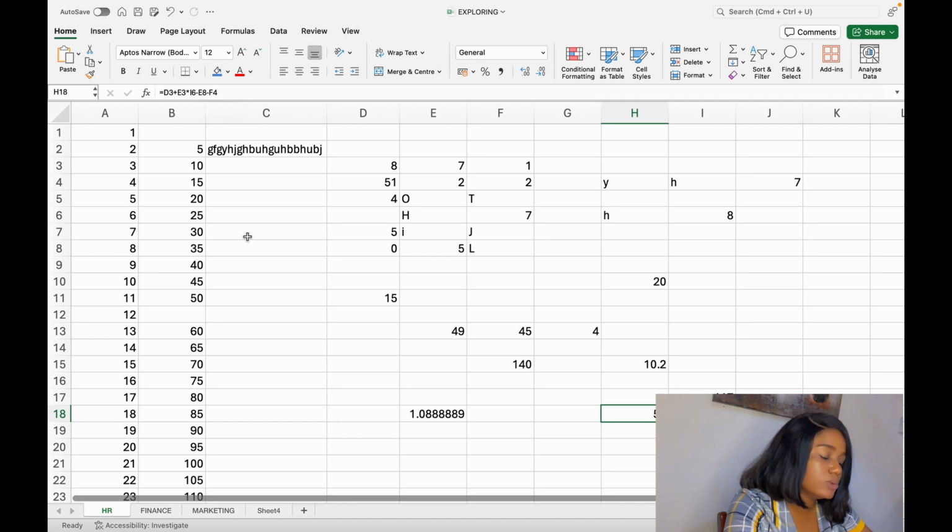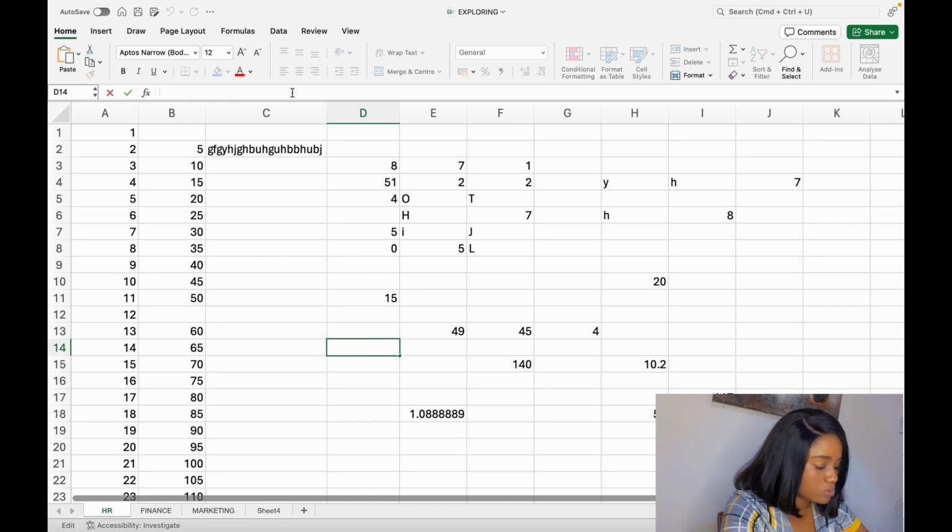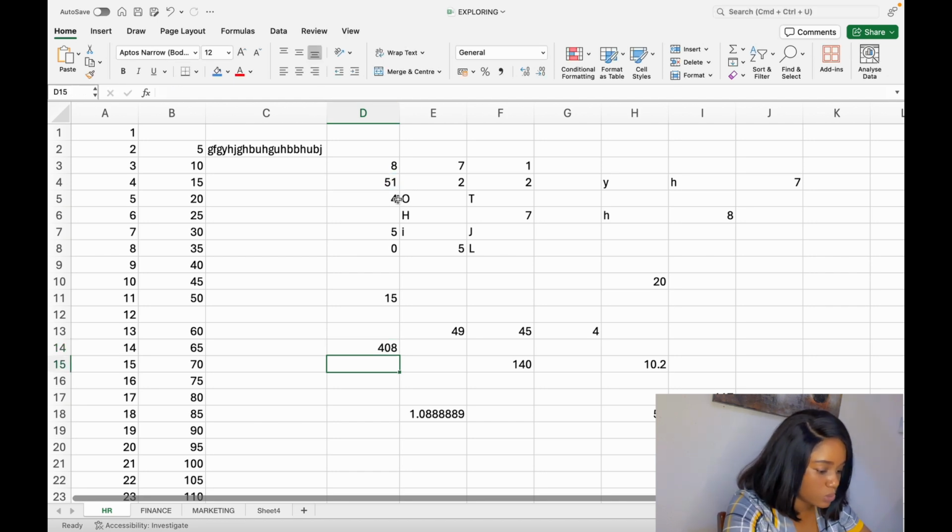So this is how we can apply formula to cells. Now there could be instances where you just have one cell and then you're applying a formula to it. So maybe I have cell D4. I just want to multiply it by 8. So I come to a new cell, make it active, put in my equal to sign, then take cell D4 and just say multiply it by 8. And then give me the results. And it's 408.